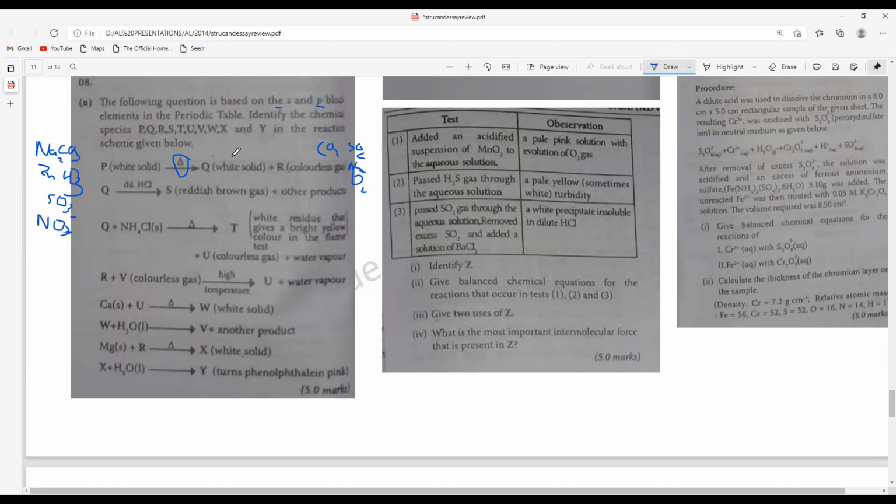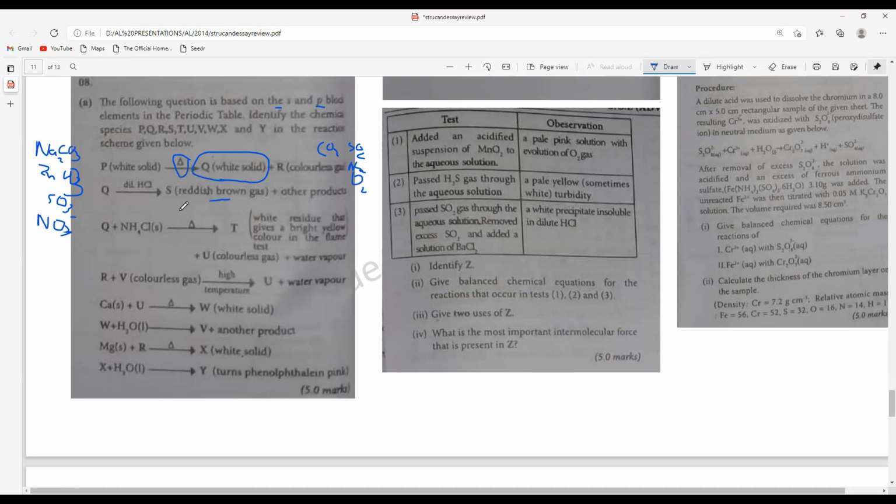And this Q white solid, when you add diluted HCl, gives a reddish brown gas.